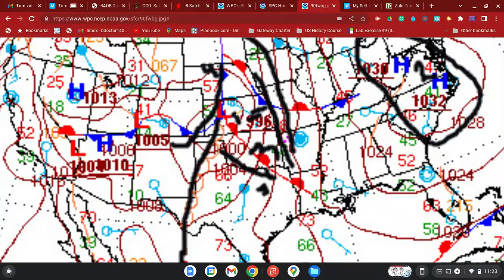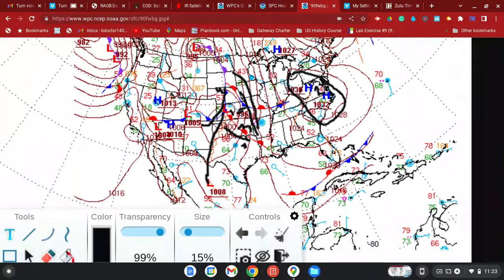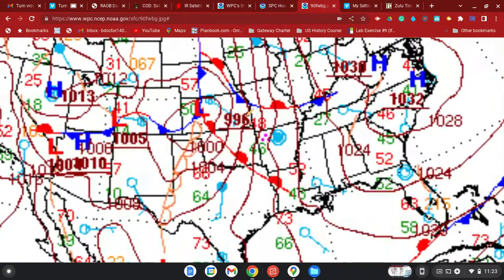Well, we can tell by looking at this that there's going to be some turbulent weather in this part of the country, pretty much from the middle of Kansas through eastern Oklahoma down to, let's say, parts of Louisiana today, and that is advancing northeast.